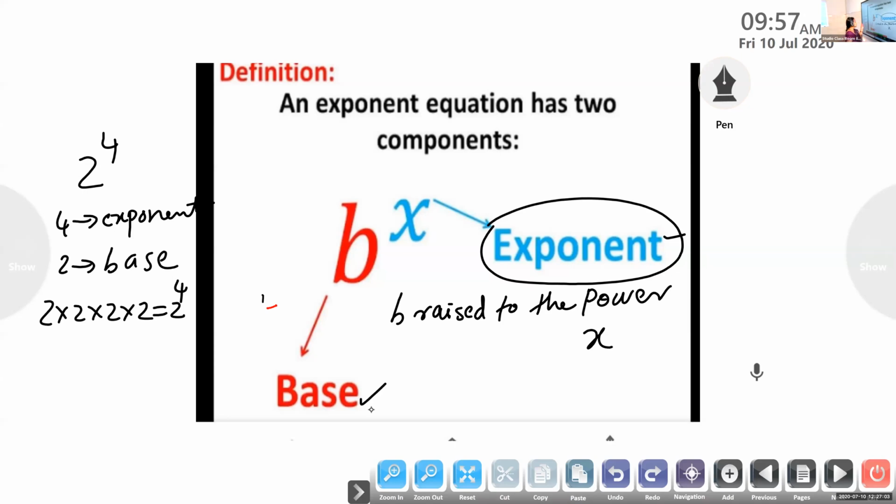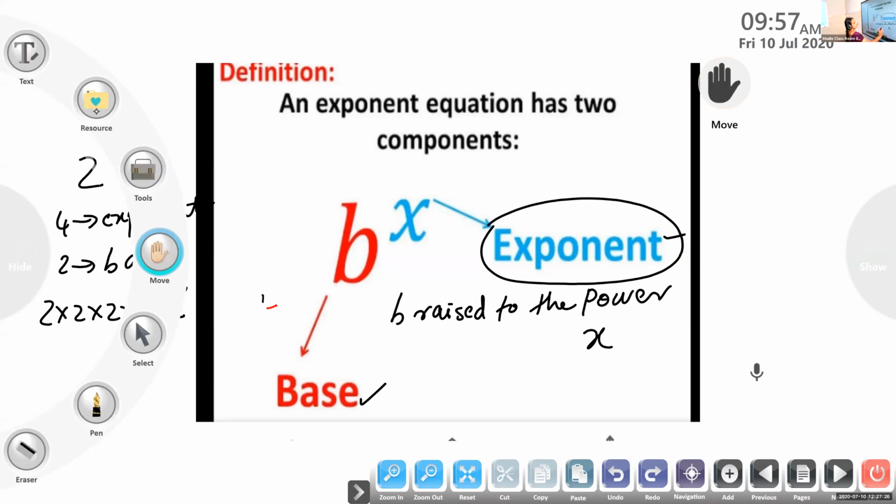The base is the number which is multiplied some number of times. The exponent is the number which shows how many times the base is multiplied. Understood? Okay. One second, I will ask some questions based on this.